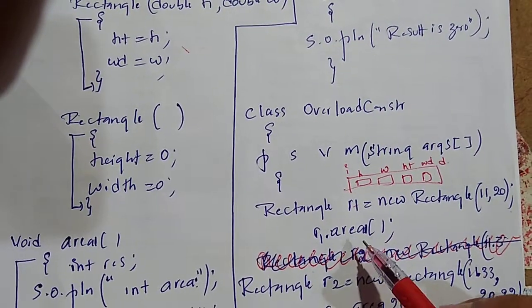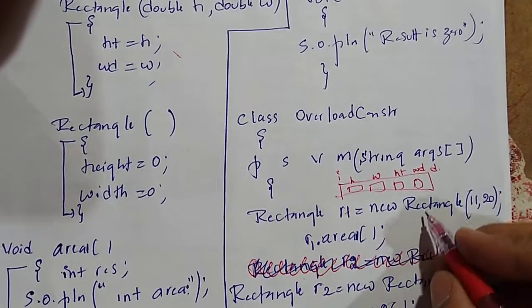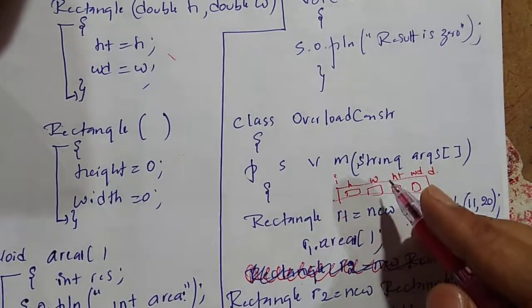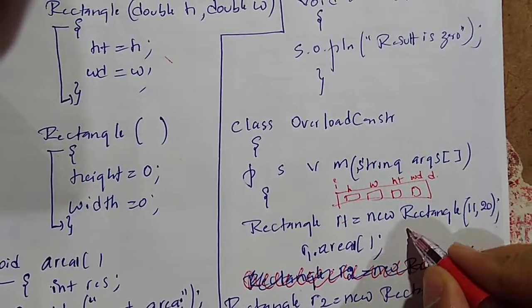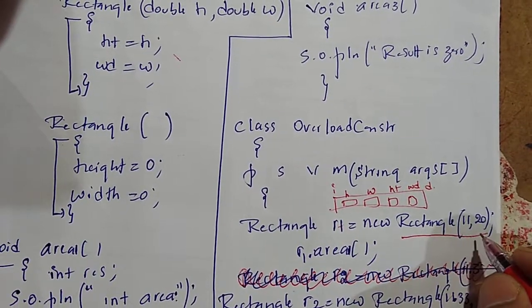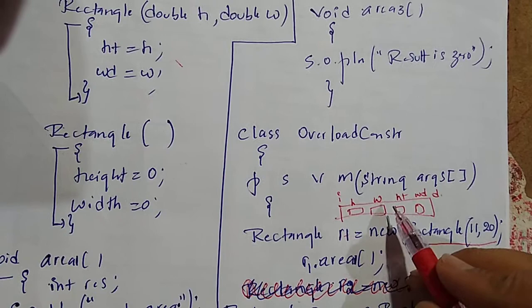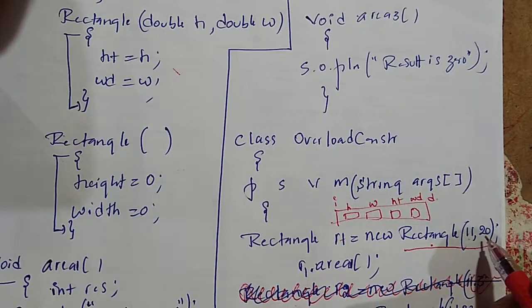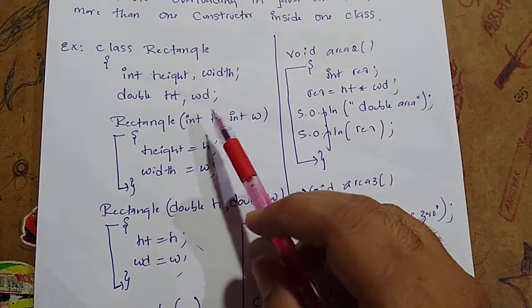Once you create an object, first space is allocated for the data members, and next the constructor is called. This is the constructor call. Because of the new operator I get space, and because of this the constructor will be called. Now I'm sending 11 and 20. So the call goes to the Rectangle class and checks the constructors.